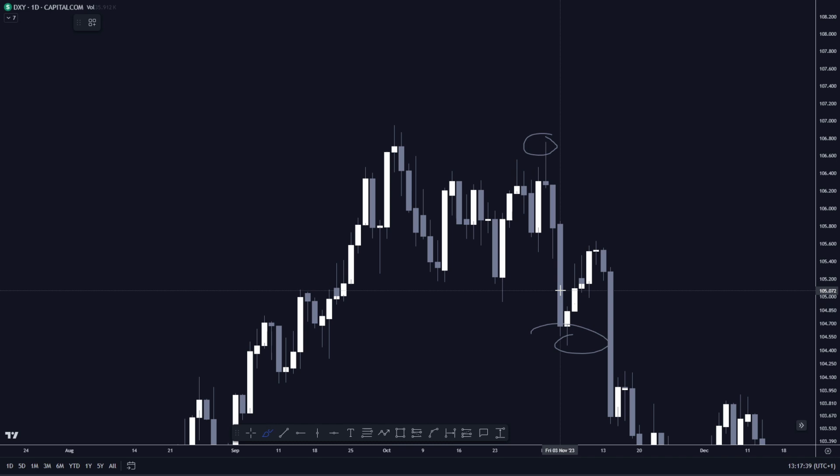If you mark up the daily range and the daily range is bearish, and you drop to the 4 hour and the 4 hour range is bearish as well, you drop to the 15 minute and the 15 minute range is bearish as well, that's going to be a high probability to be traded from, as opposed to the daily being a bearish range, the 4 hour being a bullish range, the 15 minute being a bullish range, for example.